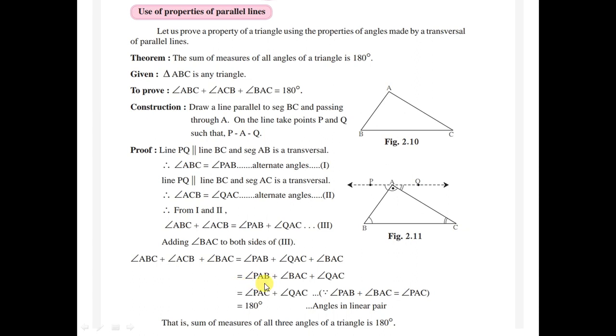So angle PAB plus angle BAC plus angle QAC equals 180 degrees. One more step here: PAB plus BAC is written as PAC, the angle addition property. So that is equal to 180 degrees. So angle ABC plus angle ACB plus angle BAC equals 180 degrees. Hence the sum of measures of all the angles in a triangle is 180 degrees.